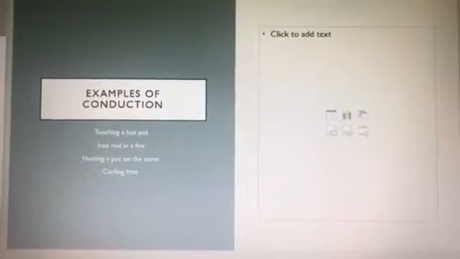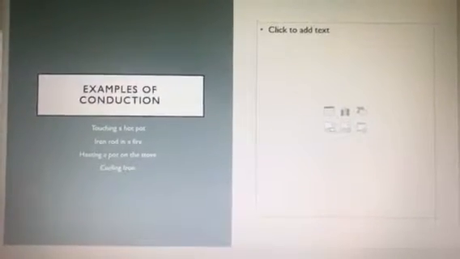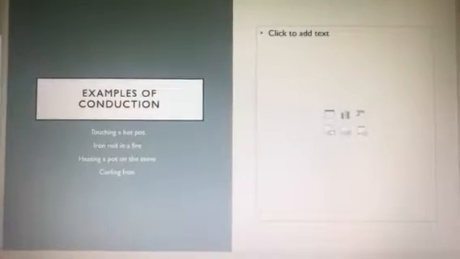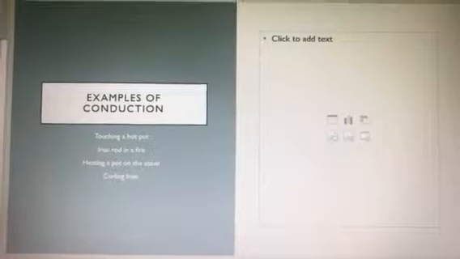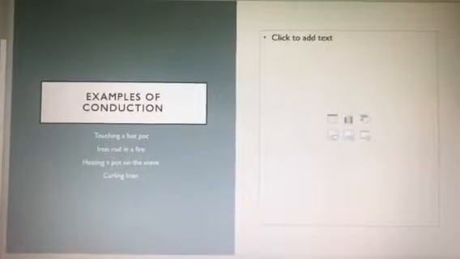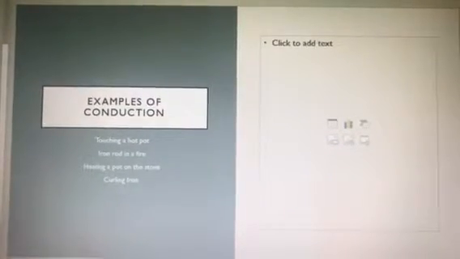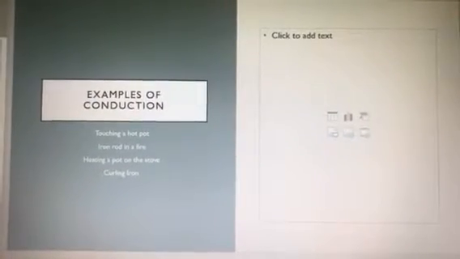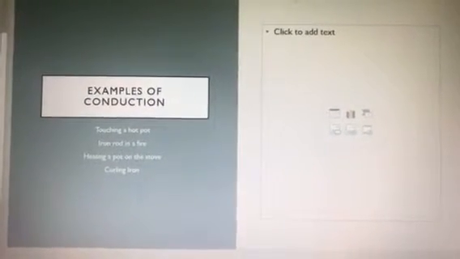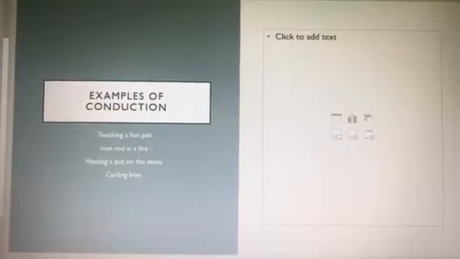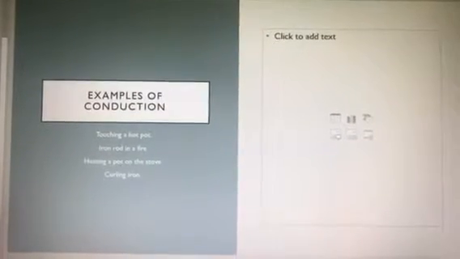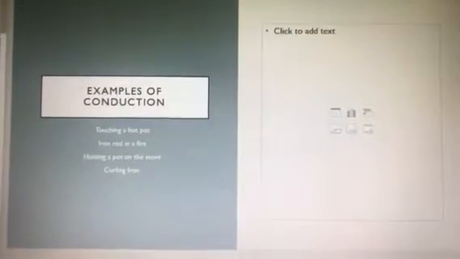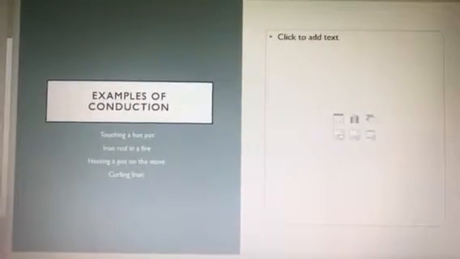Whenever you touch a hot pot, your hand is making contact with that handle and energy is transferred. An iron rod in a fire is in direct contact with the fire, which is transferring energy to the rod, and then we see the results from the rod as the rod gets hotter and hotter and changes colors.